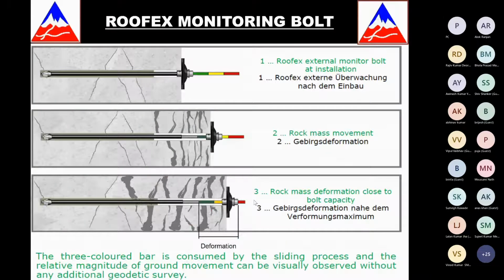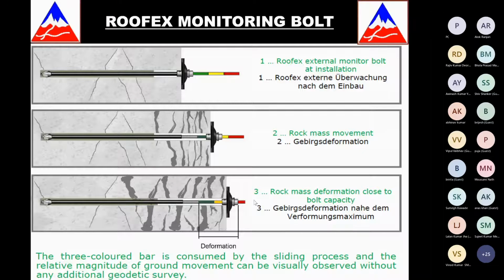One more kind of rock bolt. I told you about monitoring, where we keep looking at how much the rock is deforming. If the rock deforms too much, that means we have to give extra supports. So this rock bolt has a green, yellow, and a red tip on its end. So you put this rock bolt inside.